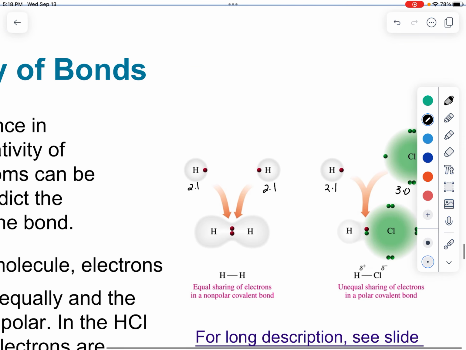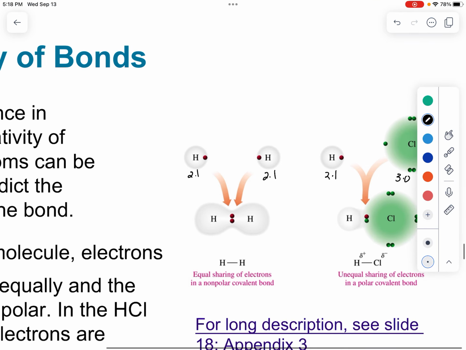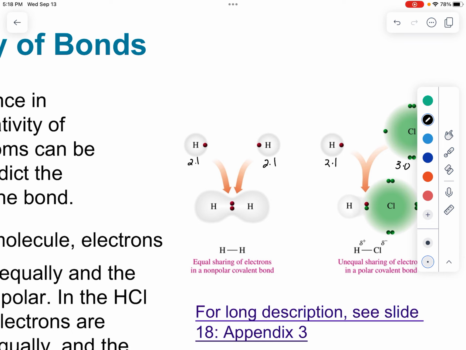So we can see from this that there's a difference in electronegativity for HCl. We have two different molecules here, HCl and H2, or hydrogen. Hydrogen's one of the 7 diatomics.